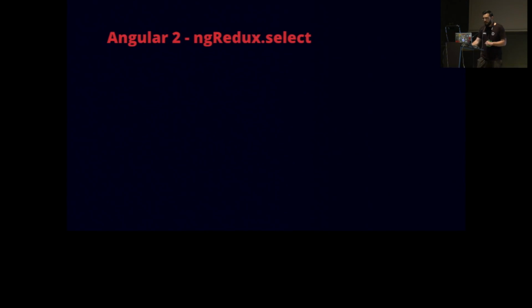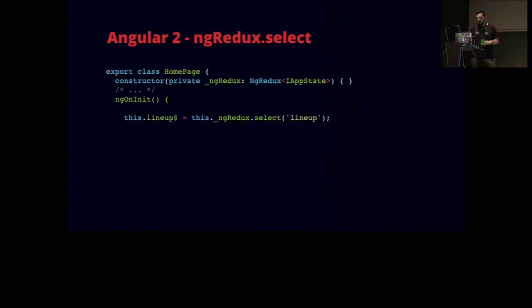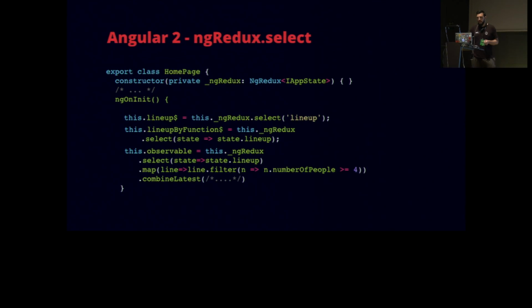The next part is, how do we actually access the state of our application? There's one way, using ng-redux.select, where you can pass in either a key name or a function, and these return observables. If you're using RxJS and know how to use observables, you can do things like map and combineLatest, and you get a lot of flexibility by exposing parts of your state as an observable.